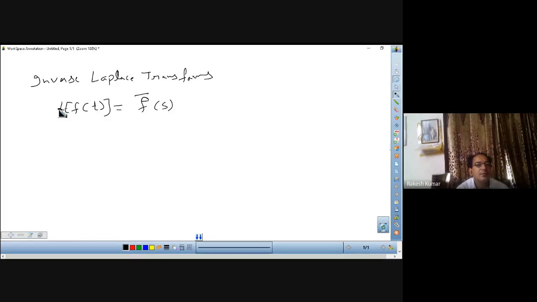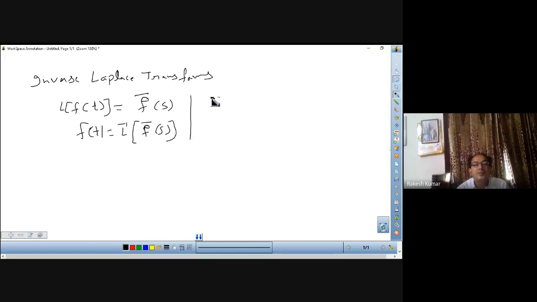Then, if we take L to the right hand side, it will become L inverse. Then f of t is equal to L inverse of f bar s. So L inverse means inverse Laplace transform. It means inverse Laplace transform of f bar s is f of t, and Laplace of f of t is f bar s.